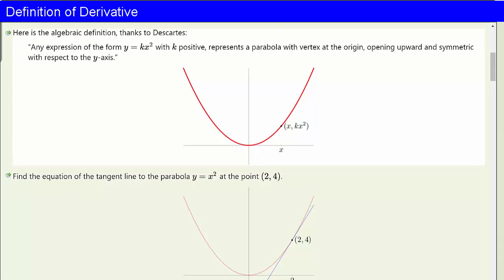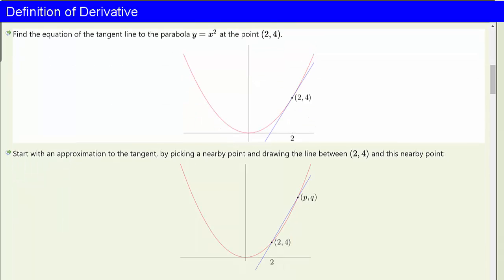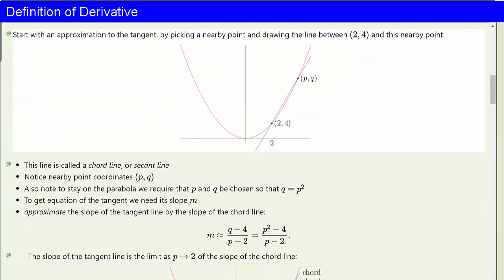If you are trying to create a tangent line to a parabola, it turns out the second interpretation is much easier to use. As an example, let's find the equation of the tangent line to the parabola y equals x squared at the point (2, 4). The idea is to start with an approximation to the tangent by picking a nearby point and drawing the line between (2, 4) and this nearby point.